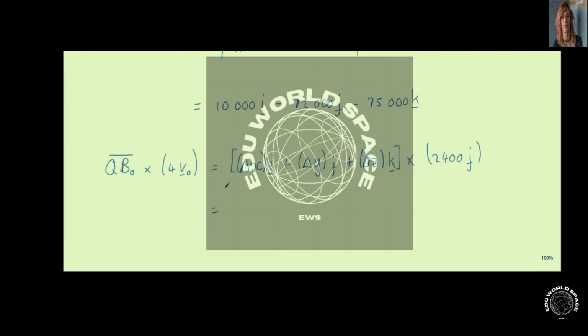And forming this cross product, we get minus 2400 delta z in the I direction plus 2400 delta x in the k direction.